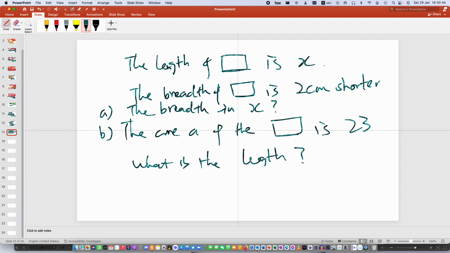So what I want you to understand from this example is that you know how to do part A by giving yourself a simple example. And you know how to form the equation next. Are you clear?